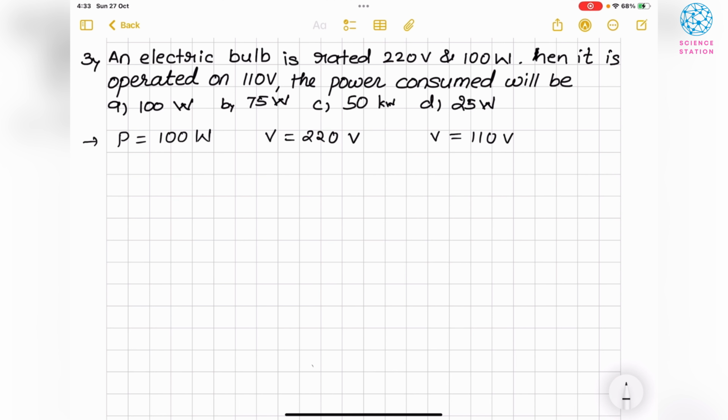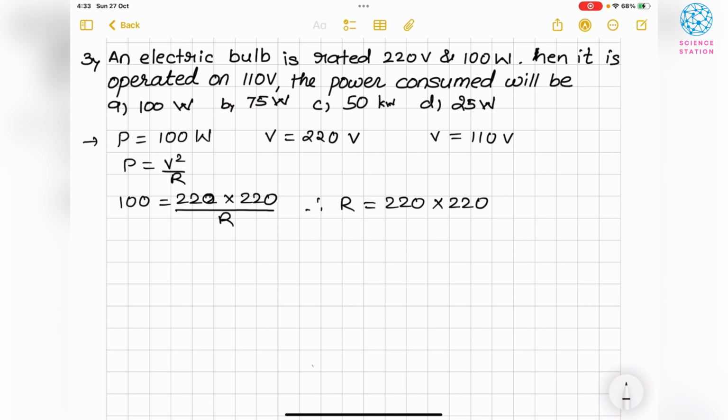So see, I can say P equal to V square upon R. So 100 will be equal to 220 into 220 upon R. So therefore R will be equal to 220 into 220 upon 100. So therefore R will be equal to 22 into 22.